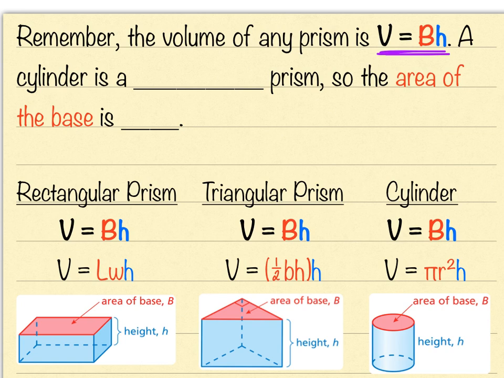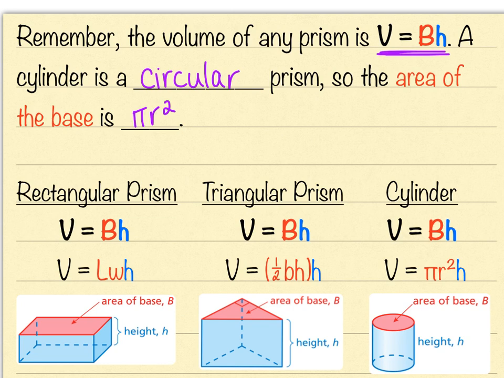So a cylinder is actually going to use that same formula because a cylinder is just a circular prism. So the area of its base, because it's a circle, is just going to be pi r squared, which is how we find the area of a circle.